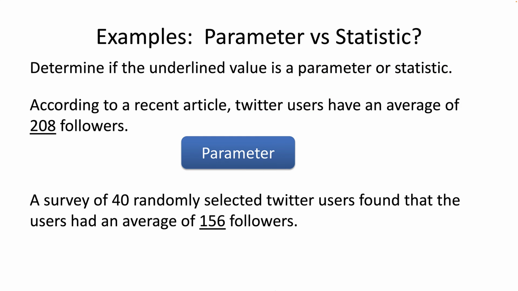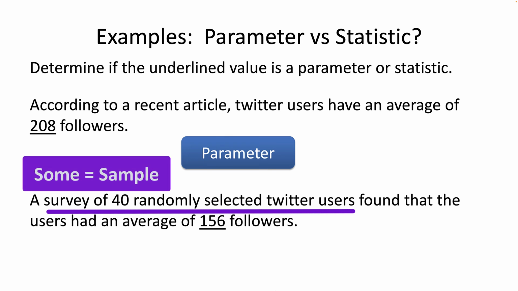Let's look at another example. A survey of 40 randomly selected Twitter users found that the users had an average of 156 followers. We want to know, is 156 a parameter or a statistic? To do this, we need to look at where this information is coming from. In this case, we're told that this information comes from a survey of 40 randomly selected Twitter users.